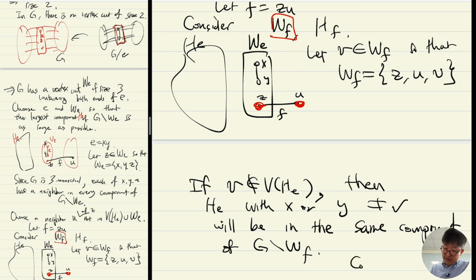So that's a contradiction to the choice of E and HE.